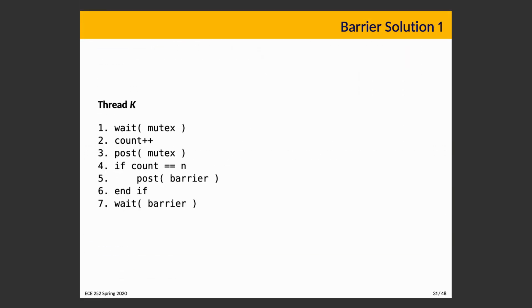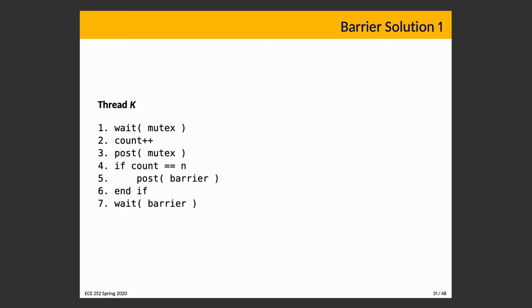Okay, so here is our first draft solution. We will wait on the mutex, increment count, post on the mutex. If count is equal to n, post on the barrier, end if, and then wait on the barrier. So if I am the very first thread to arrive, count is at 0, so I will wait on the mutex, increment count to be 1, post on the mutex, check, count is not equal to n, so I will skip over that section and then wait at the barrier.